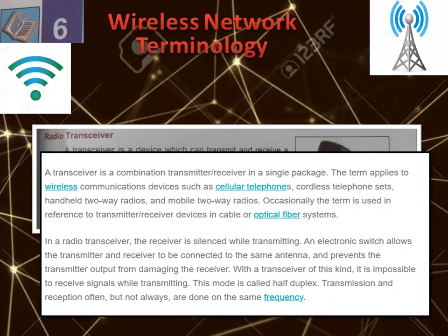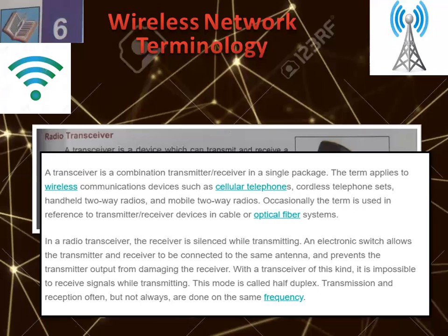In a radio transceiver, the receiver is silenced while transmitting. An electronic switch allows the transmitter and receiver to be connected to the same antenna and prevents the transmitter output from damaging the receiver. With a transceiver of this kind, it is impossible to receive signals while transmitting. This mode is called half duplex. Transmission and reception often but not always are done on the same frequency.